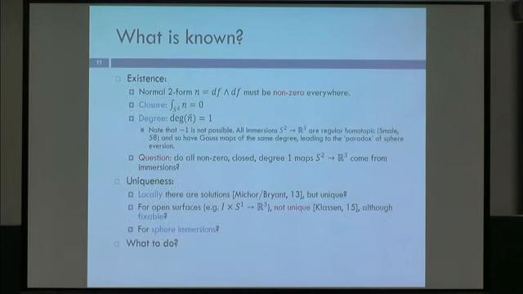We do know some things, however, that we've worked out for ourselves. So first of all, to be an immersion in the first place, this normal field has to be non-zero everywhere, by definition. The surface has to be closed, which means the integral of this n over S2 has to be 0. And finally, we want the degree of this mapping.